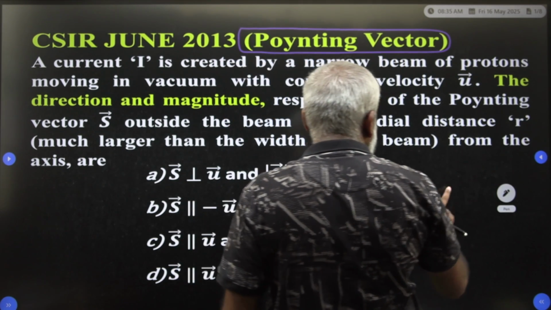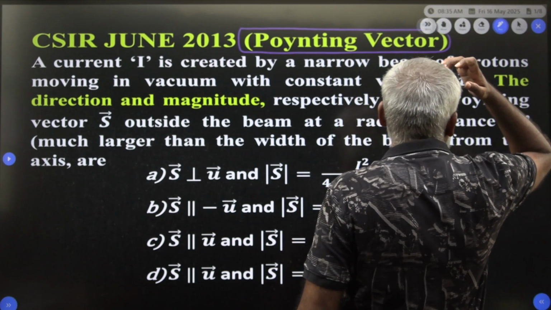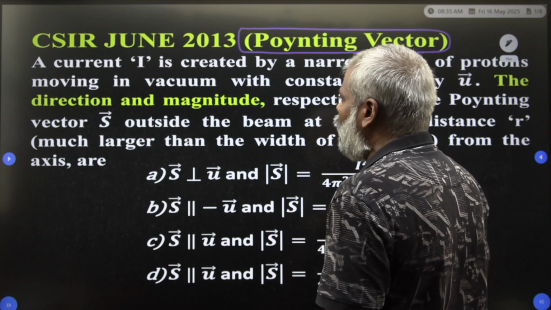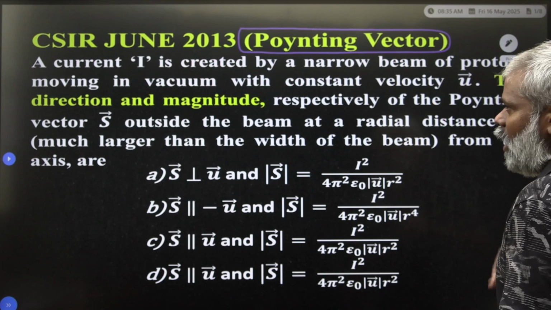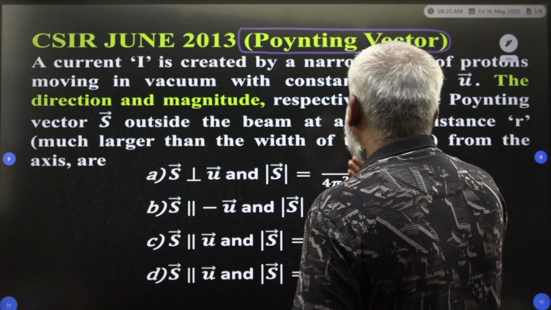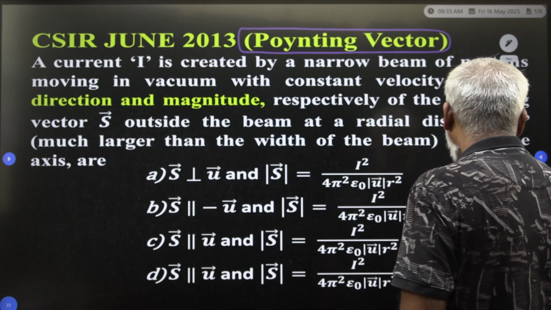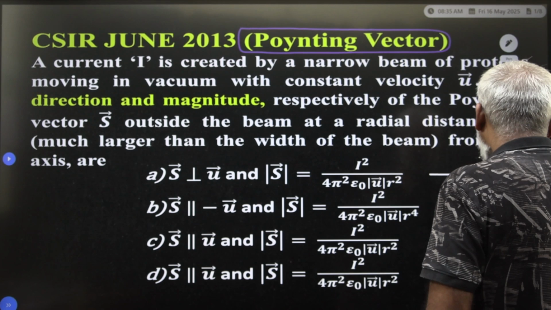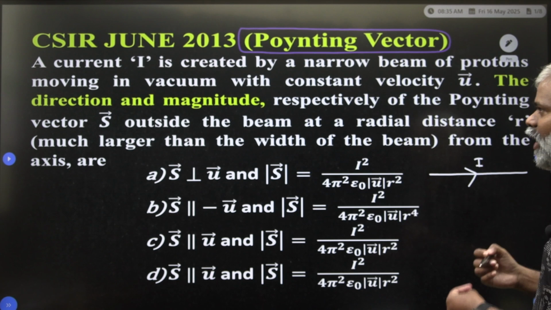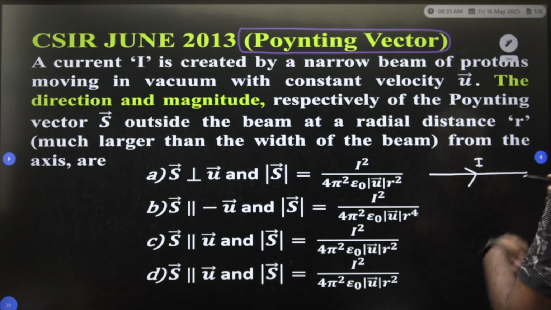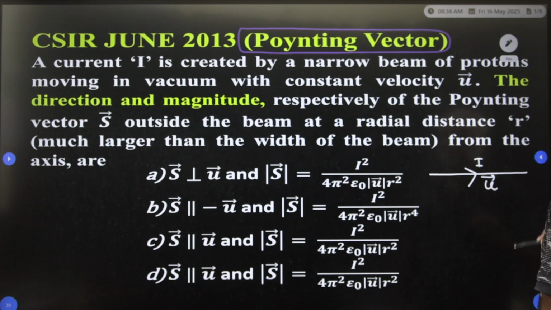A current I is created by a narrow beam of protons moving in a vacuum with constant velocity.